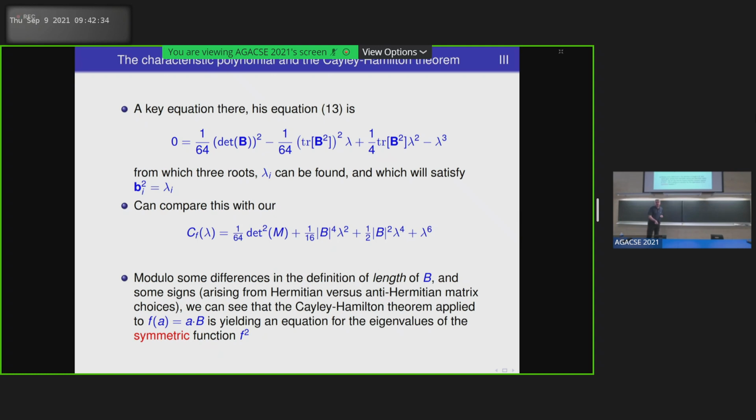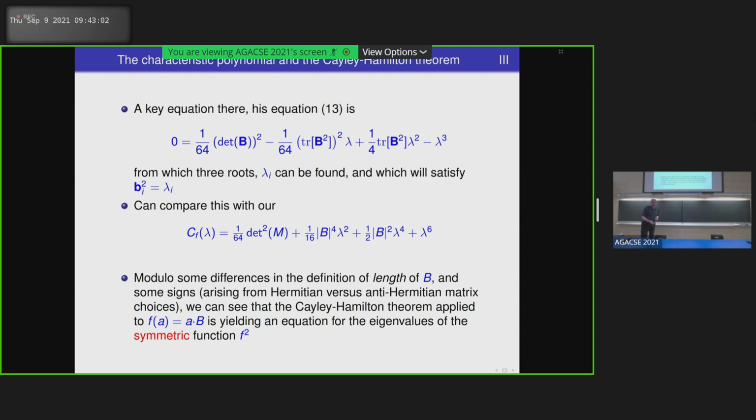This is in matrix terms. And from this equation, which now, note, just goes up to lambda cubed, you can find three roots, which will all satisfy bi squared equals lambda I, and you can do the decomposition from that. If you compare with the equation we've got here for the characteristic polynomial, it's obvious what's going on.